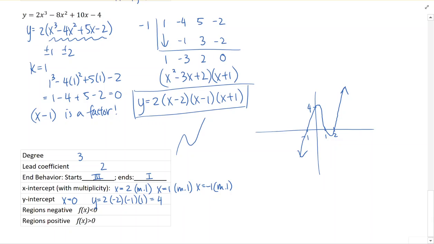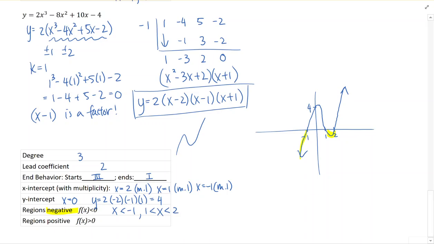Regions that are negative are going to be anywhere down here, which includes when x is smaller than -1 and when x is between 1 and 2.